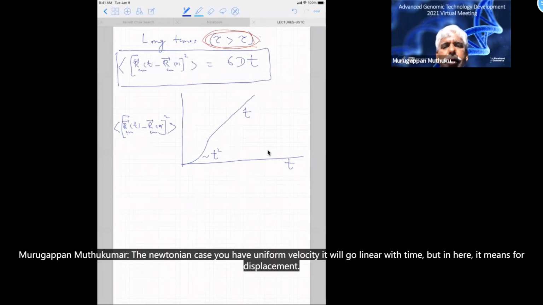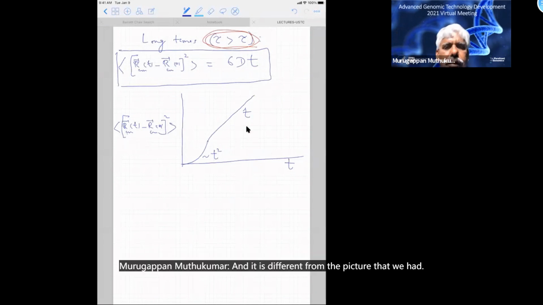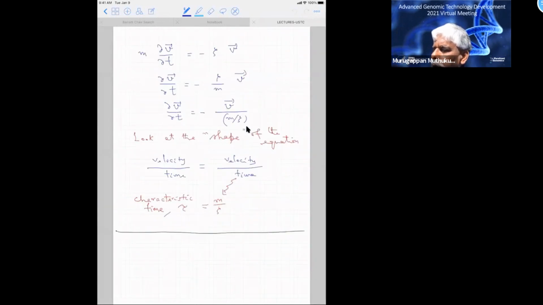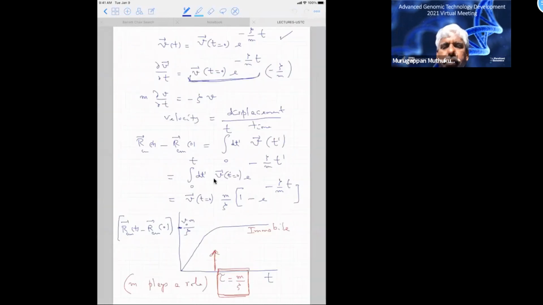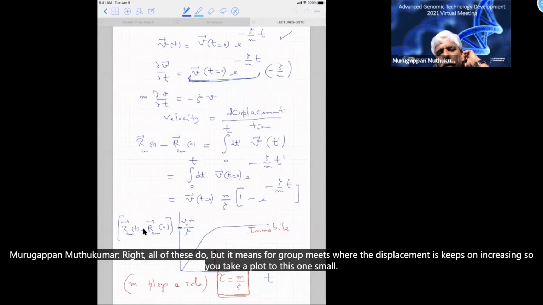In the Newtonian case, if you have uniform velocity, the displacement goes linear with time. But here, the mean square displacement is going like t. And this is different from the picture that we had here. Because for very long times, although the average is 0, the root mean square displacement keeps on increasing.